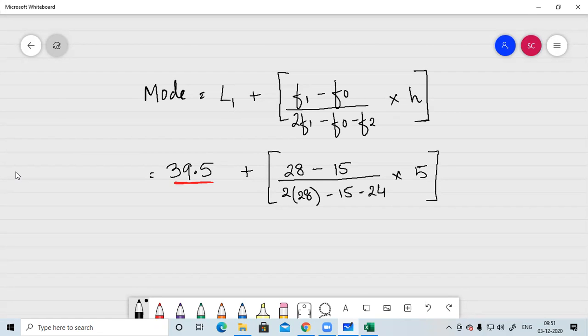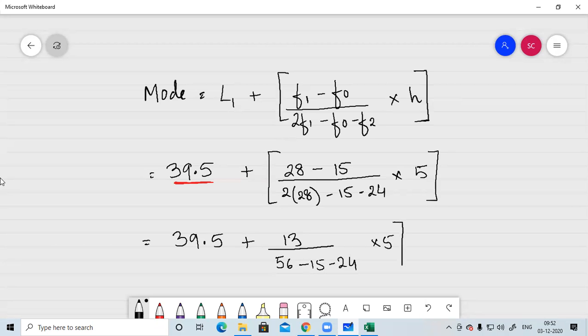Okay. So let's do the calculations together now. Plus 28 minus 15. Answer comes to 13, divided by 2 into 28, which is 56, minus 15 minus 24, into 5.